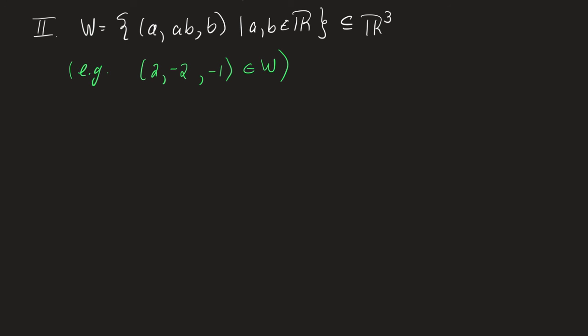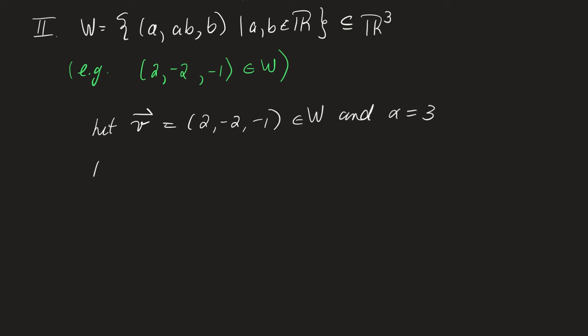And remember, to show that it's not a subspace, you just need to show that one of the properties is not satisfied for a specific example. So let's go ahead and do that. Let's take V to be that vector that we just worked with, 2, minus 2, and minus 1, which is in W. And let's take alpha to be, say, 3.